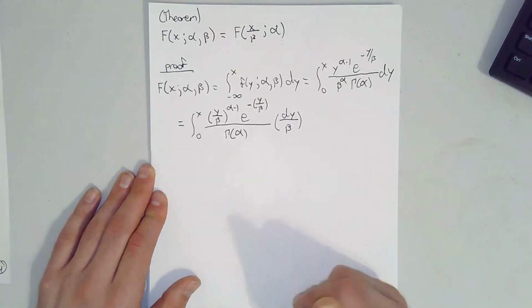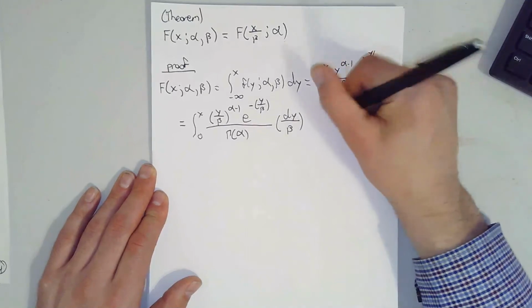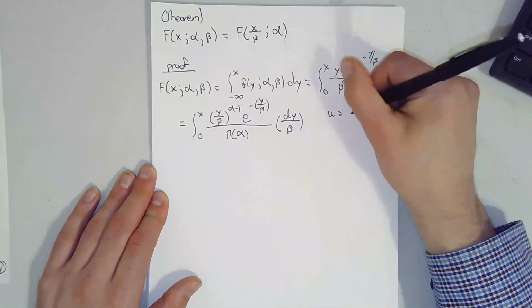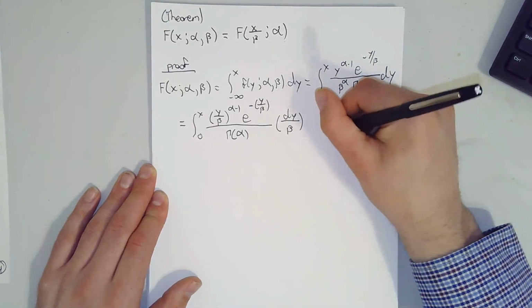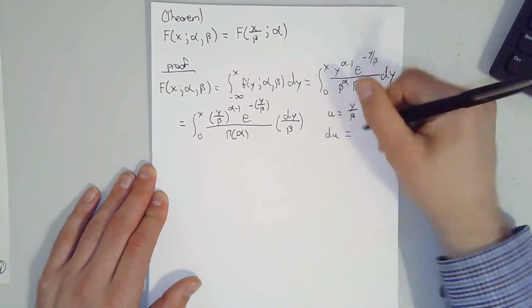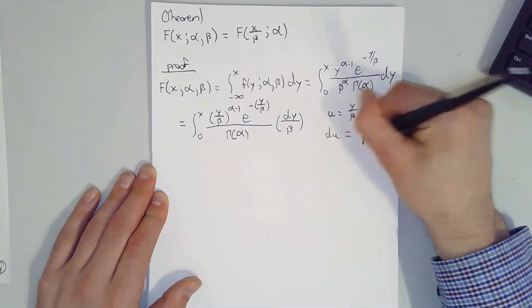So we're setting up for another u substitution. Here we're again going to let u be equal to y over beta. Therefore du is dy over beta.